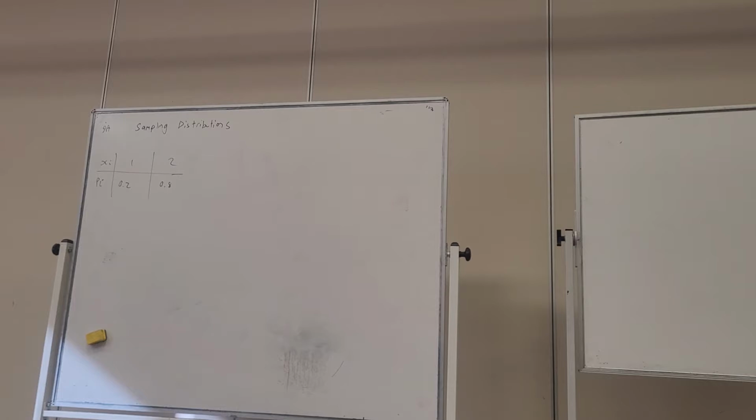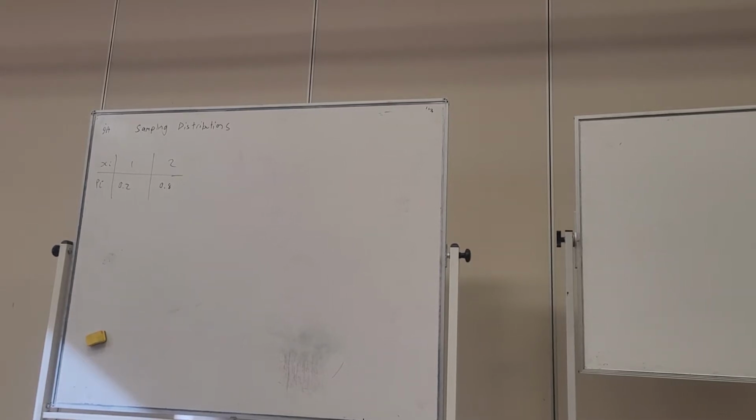For n independent observations of the random variable x, the sum of observations is the random variable Sn. So Sn is when we're adding those variables together.